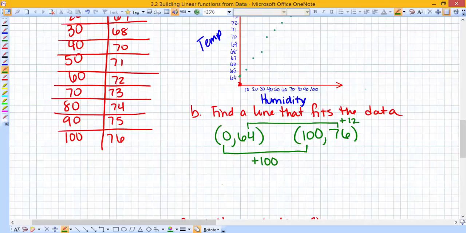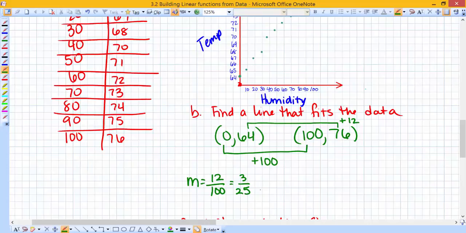So my slope, change in y over change in x, is 12 over 100. And I can divide by 4, and I get 3 over 25.